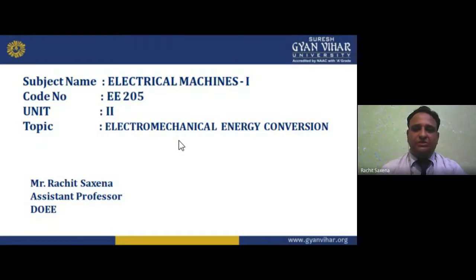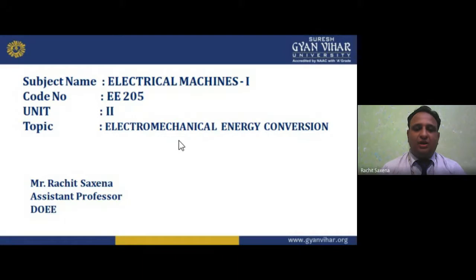Rotating machines have a rotating part, which means electromechanical energy conversion will be there. In a transformer there is an electromagnetic conversion, because electrical field is converted to magnetic field, and that magnetic field again cuts and is converted into electrical field, as per Faraday's law of electromagnetic induction.